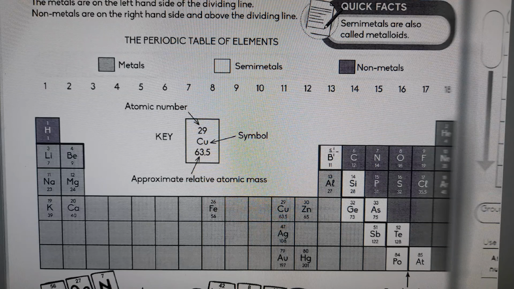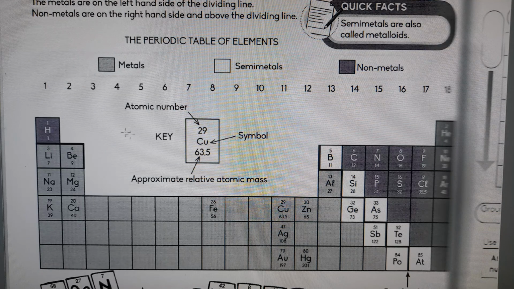Look at this one, for example. The atomic number is 5, the symbol is B, and the name is boron. If you go further, the mass is 11. With this one, the atomic number is 29, the symbol is Cu, the atomic mass is 63.5, and the name is copper.